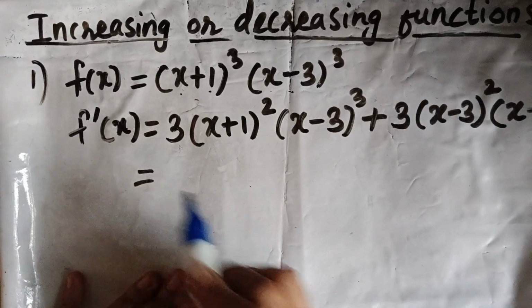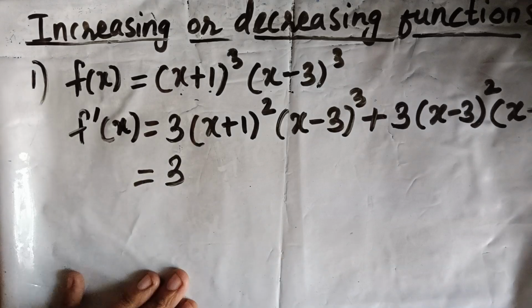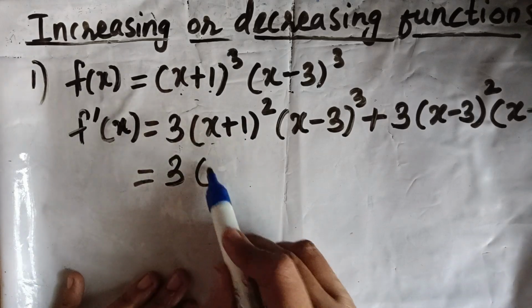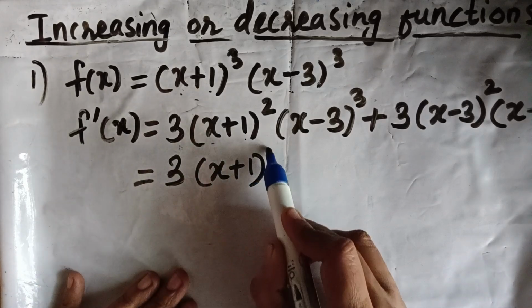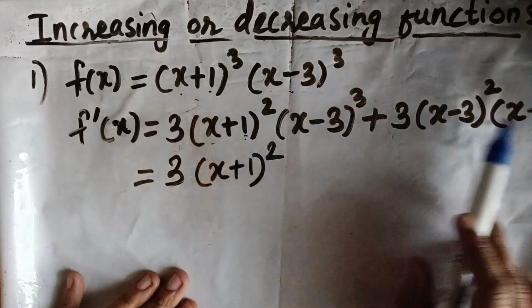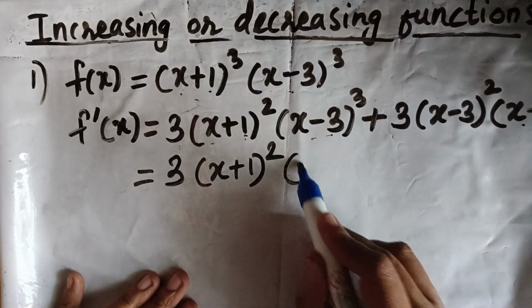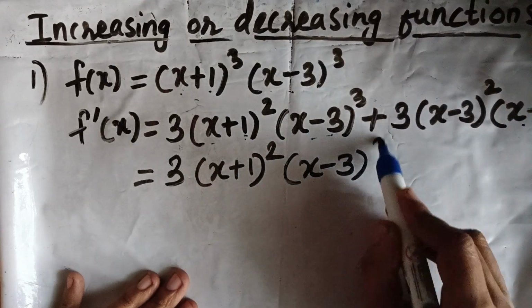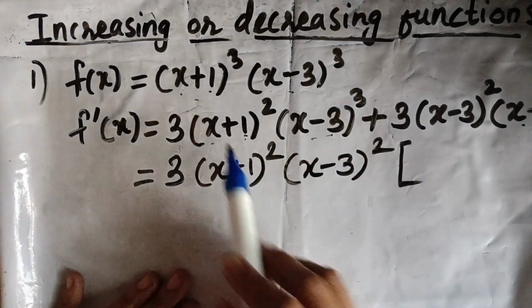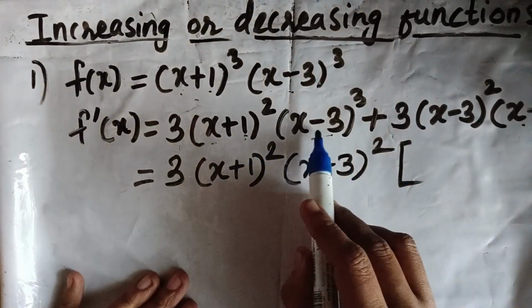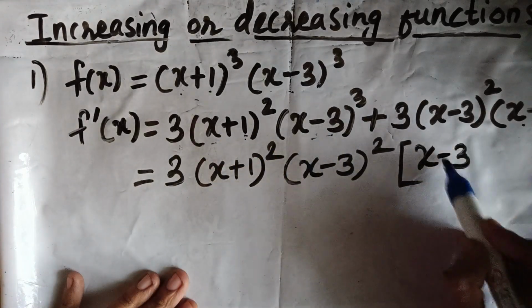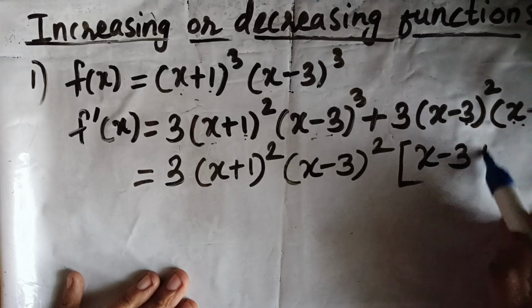Now in this you can take common 3. Also you can take common x plus 1 square and x minus 3 square. So inside you will get here only x minus 3 and here x plus 1.